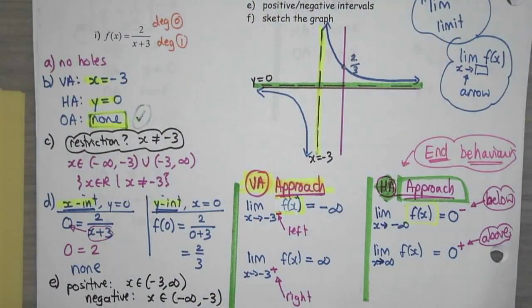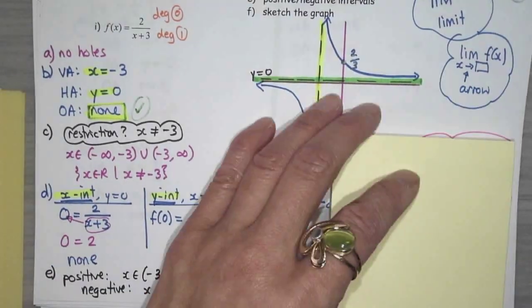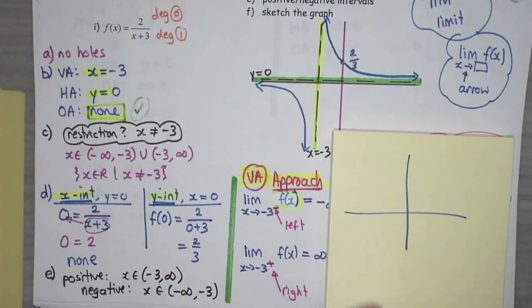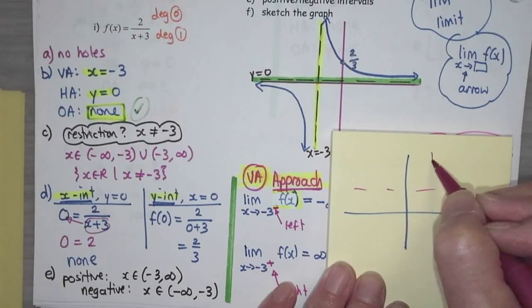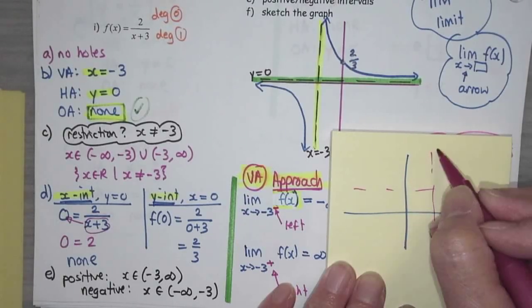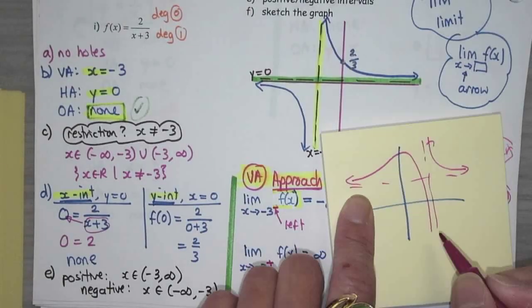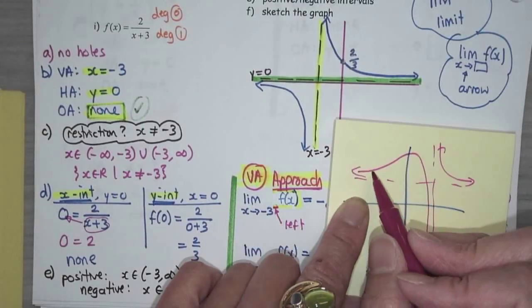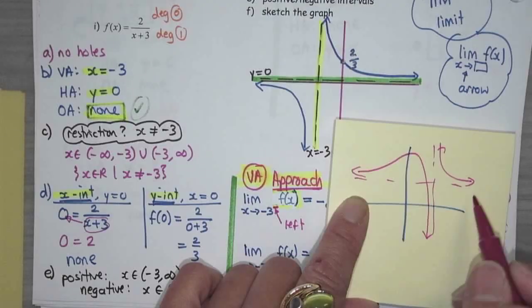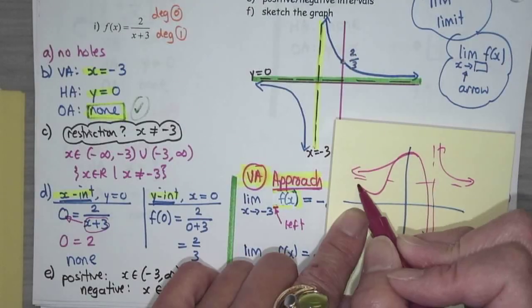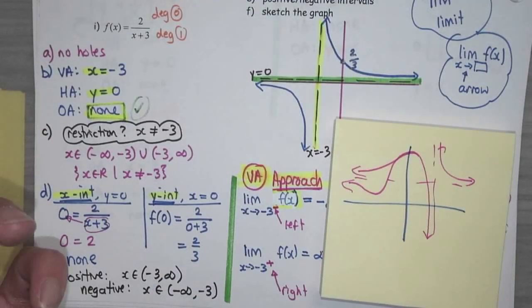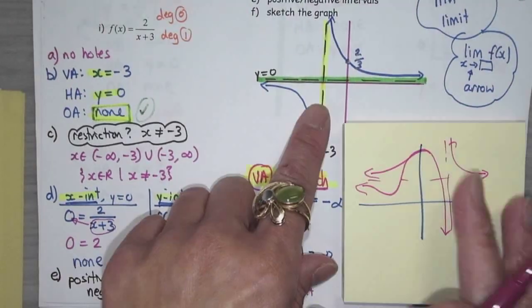But actually, I could have graphs that do this, and maybe go whoosh, and do this. You're like, wow, what's happening here? How do I know if it's approaching from above and below, or above, and then maybe it goes through and does this?